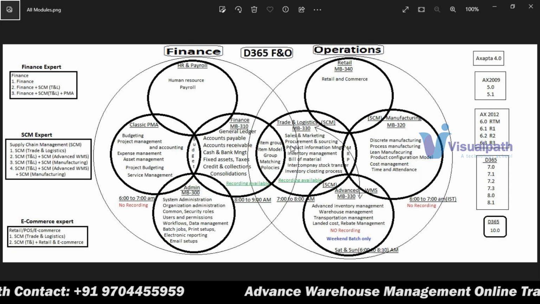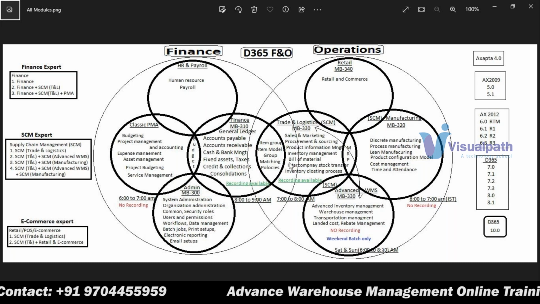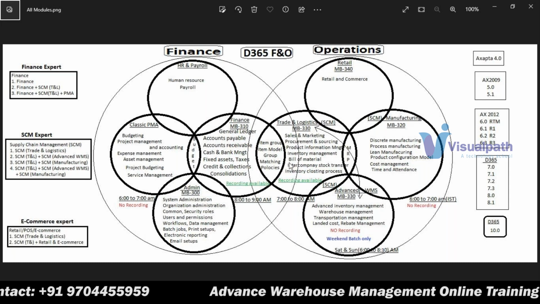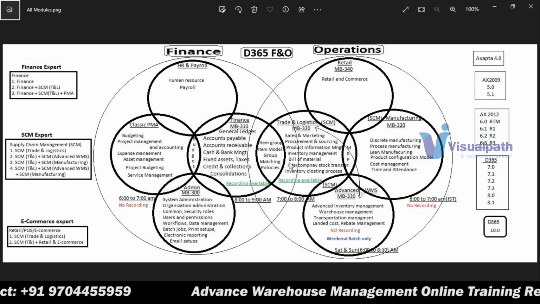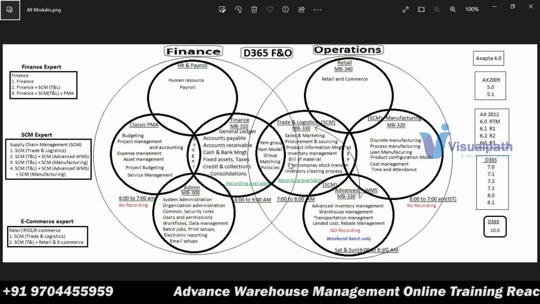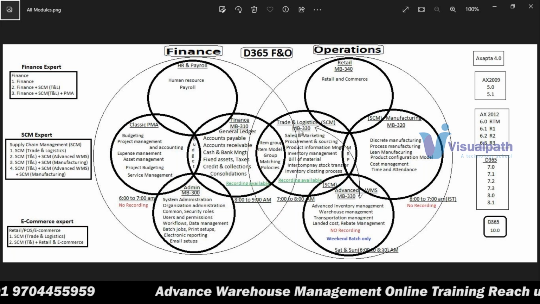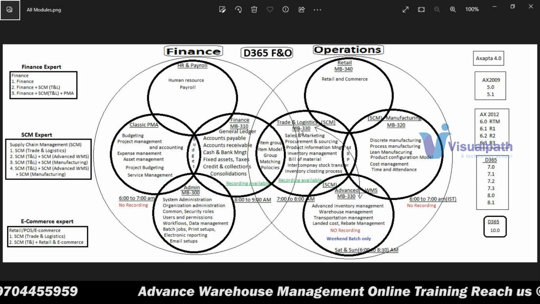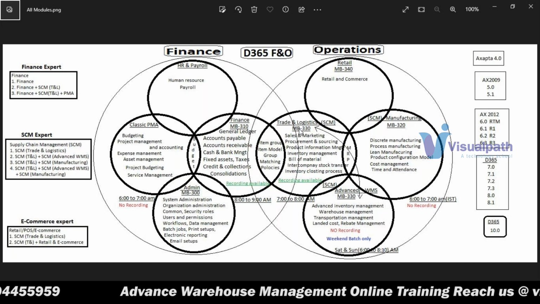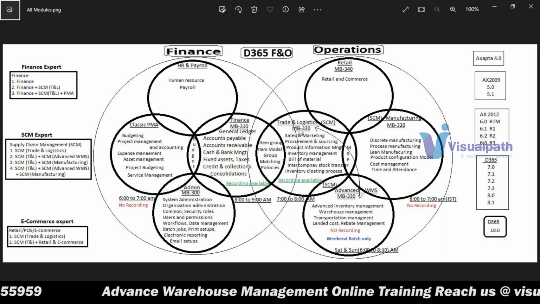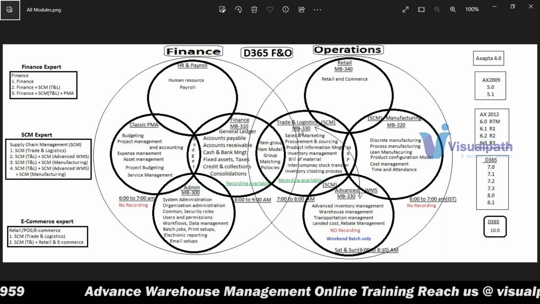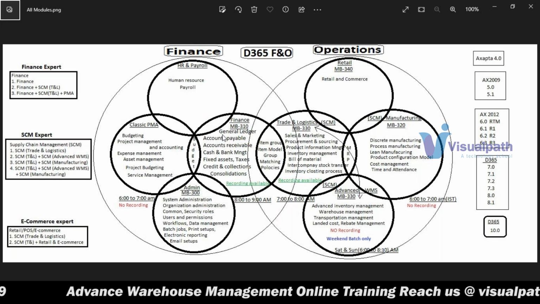If you have time to spend, initially 1 hour or 1.5 hours is fine. Later, after 1.5 months, you need to spend 3 to 4 hours. If you can spend 3 to 4 hours after 2 months, I will suggest you learn both.